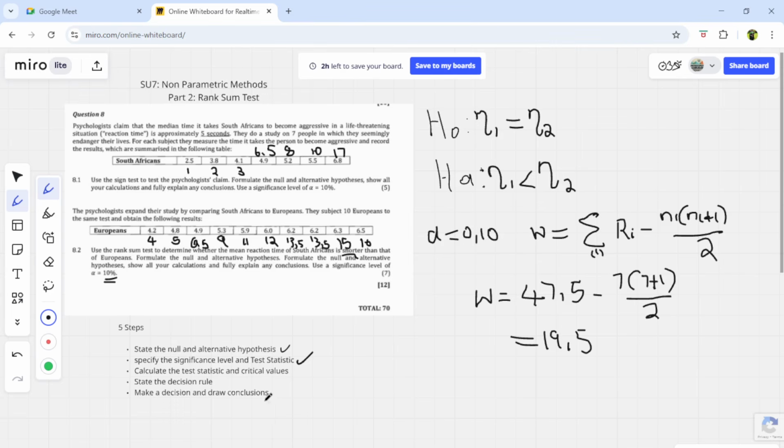Now that we got the test statistic, we need the critical value. We need to calculate the critical values as well. Now, we're going to have two critical values.